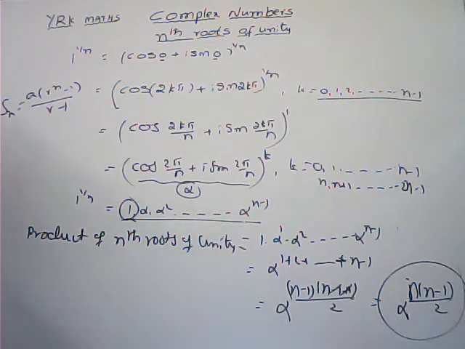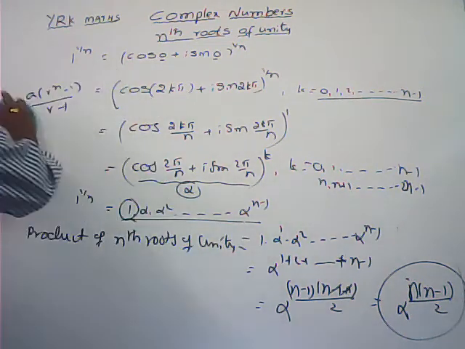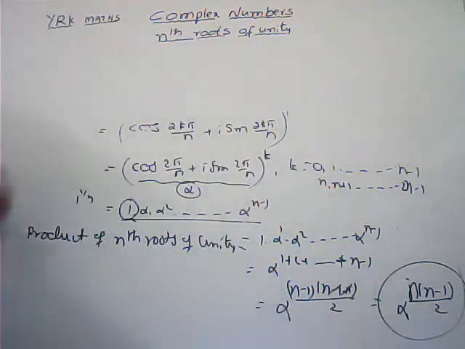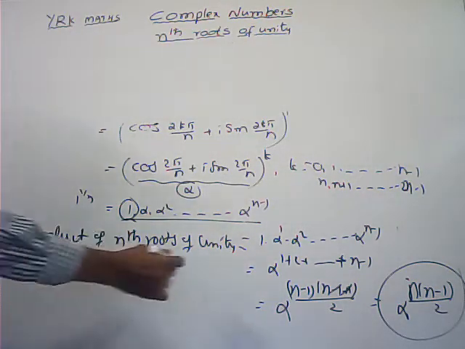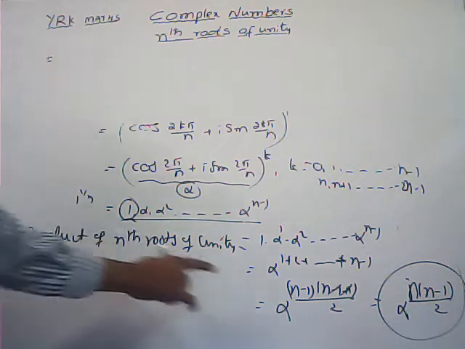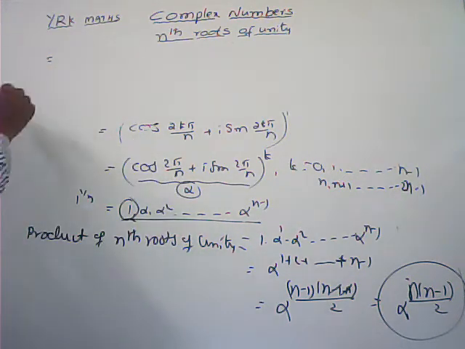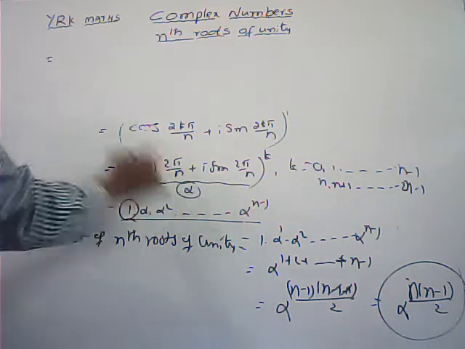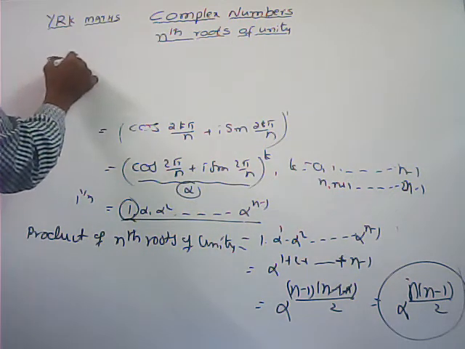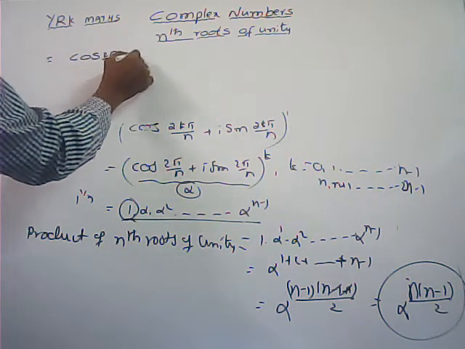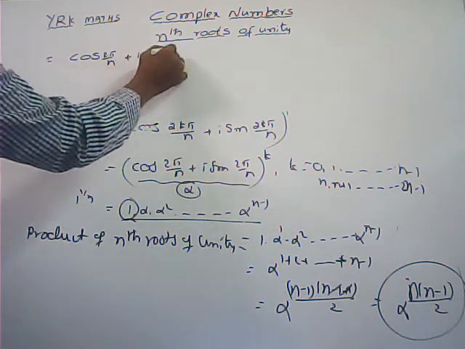Now here you can see what alpha is. Product of the nth roots of unity is equal to, in place of alpha, replace this value. We consider the total value as alpha only. Now replace that value: cos 2 pi by n plus i sin 2 pi by n.